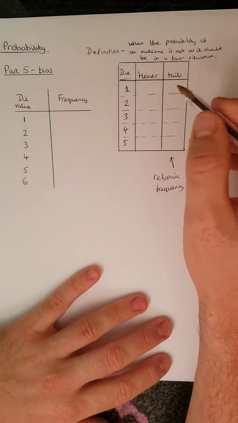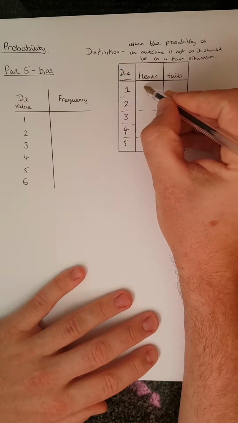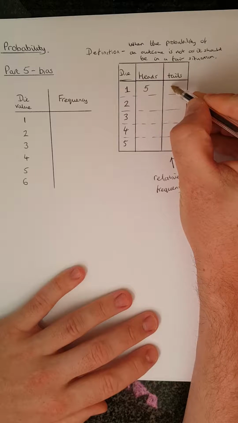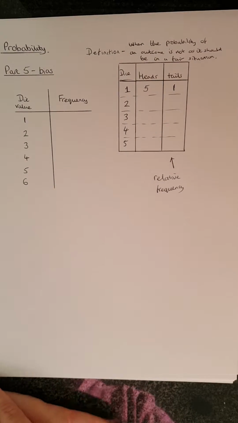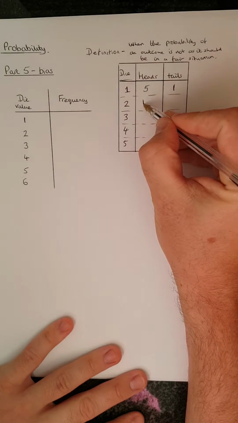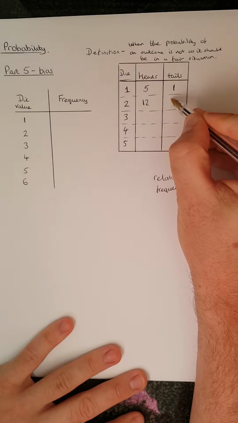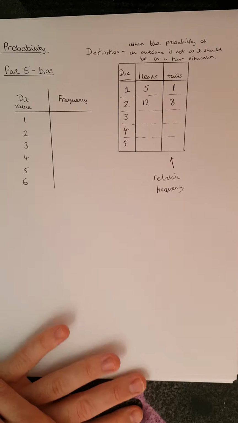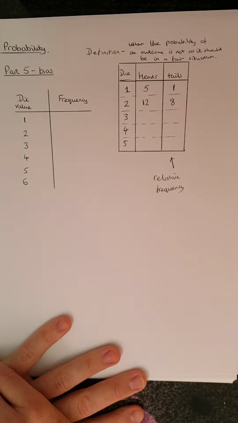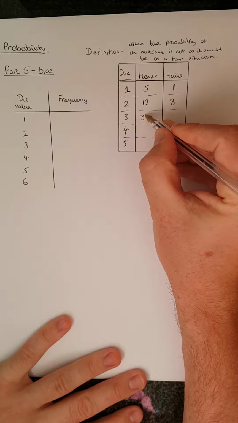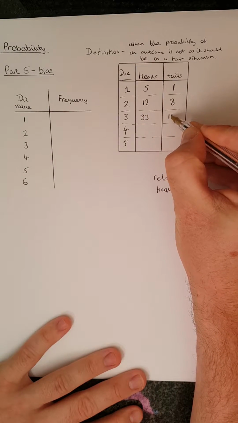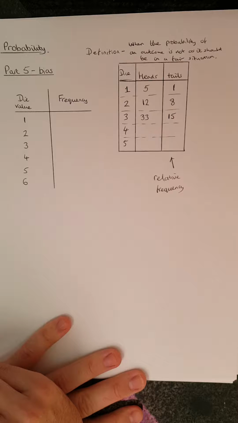So the first dice, I got 5 heads and 1 tails. The second dice had 12 heads and 8 tails. So that one was thrown far more times. The third one had 33 heads and 15 tails.